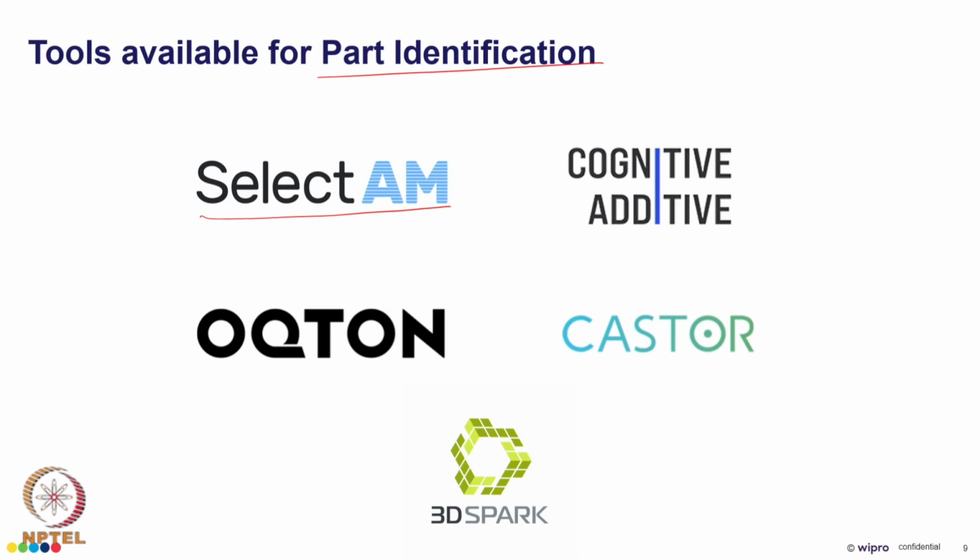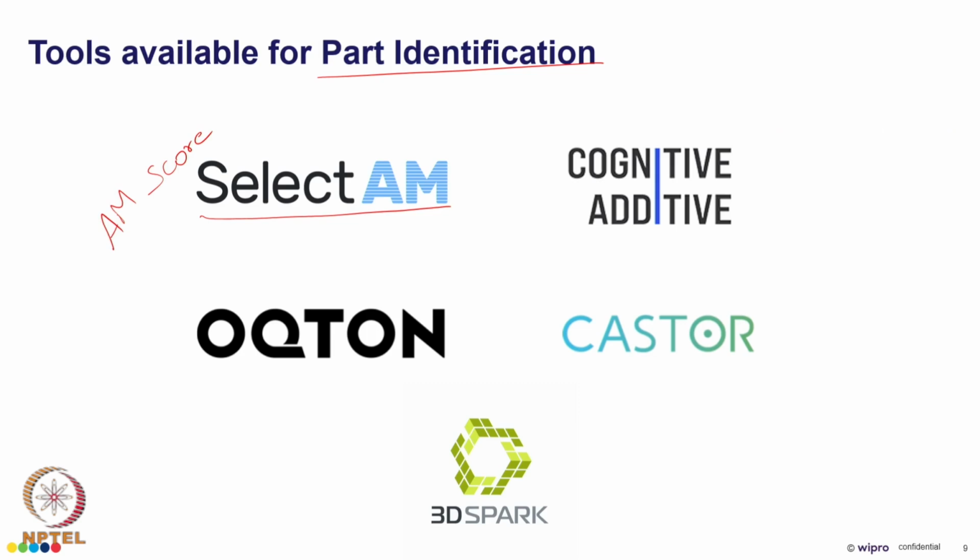Select AM assigns an AM score, which helps manufacturers determine whether a part should be considered for additive manufacturing. Recently, Select AM made the headlines by providing open access to their software package, which enables more companies to leverage this tool for part identification.